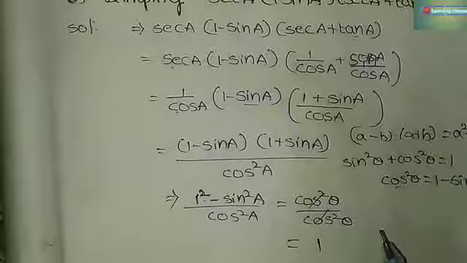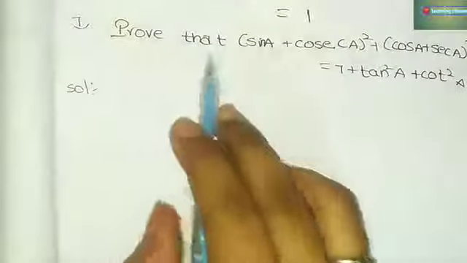Here cos a cancel. So we have sin square a. Here I am writing the cos square a to solve the problem. Here plus cosecant square a plus secant square a plus 2. Here we have 2 and here also we have 2. 2 plus 2 is equal to 4. Sin square a plus cos square a.